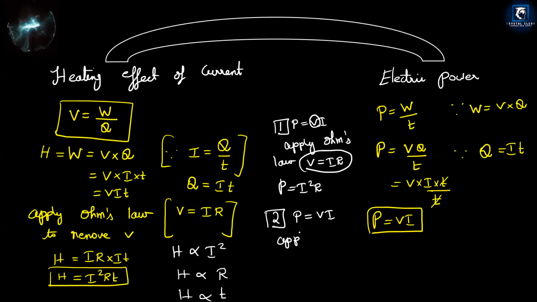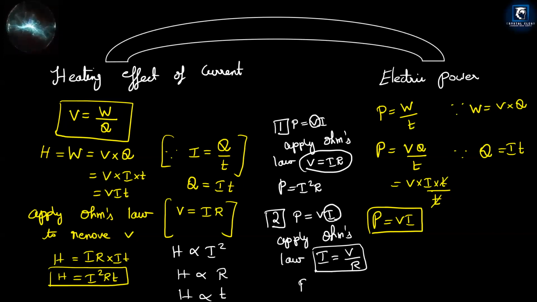Again, I'm going to apply Ohm's law, and I'm going to use I is equal to V by R. Now check, instead of I, I'm going to use V by R. So P is equal to V into V by R. That is nothing but P is equal to V square by R.